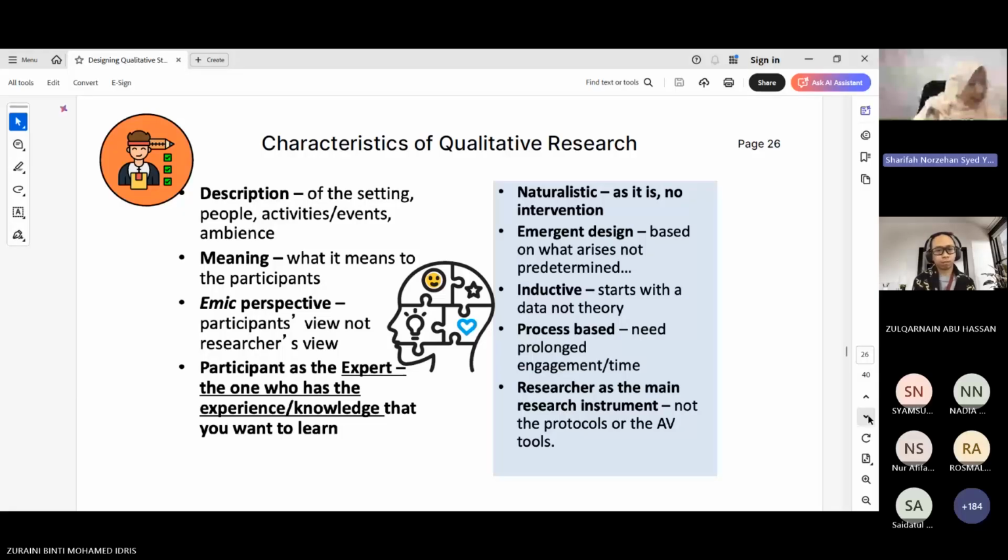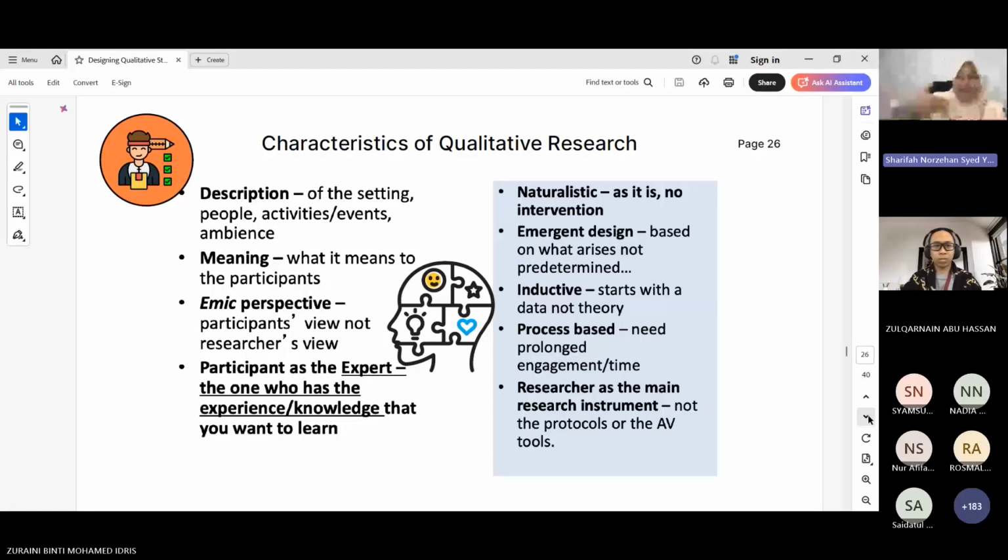So characteristics, like I mentioned earlier on, is more on description of the setting and the meaning. And the meaning here comes from the participants that you have already interviewed. So the meaning of muhasabah, from whom?